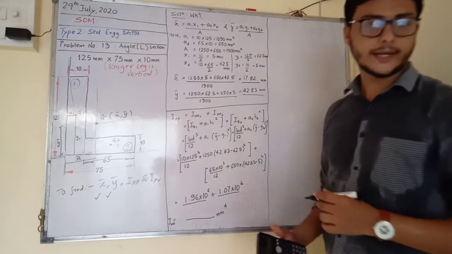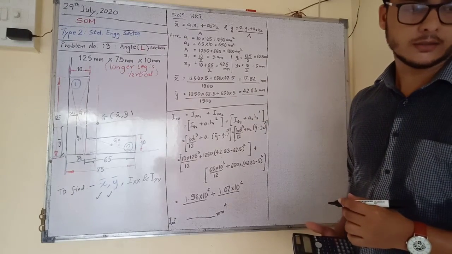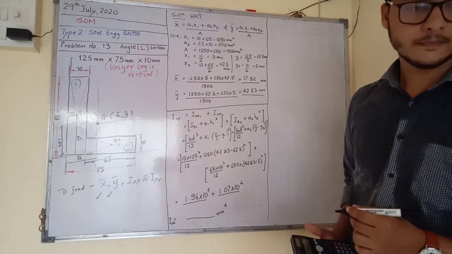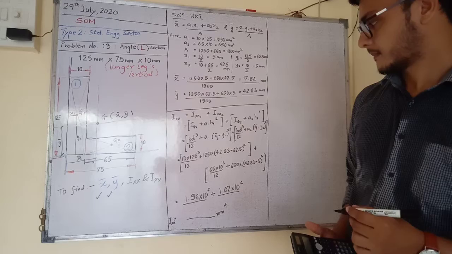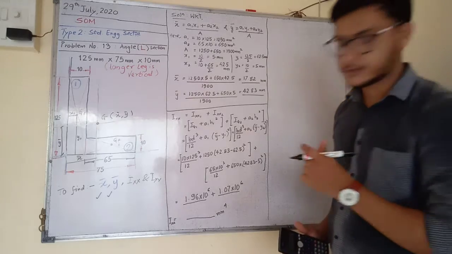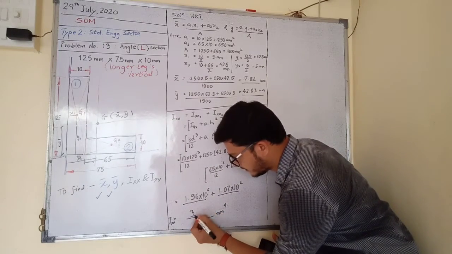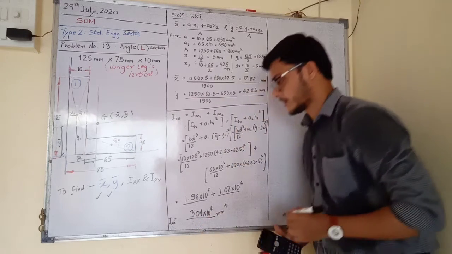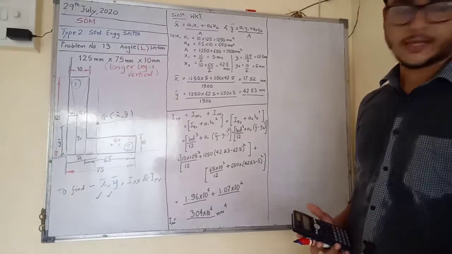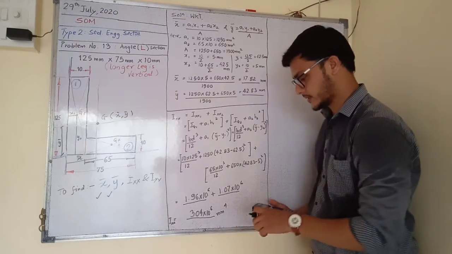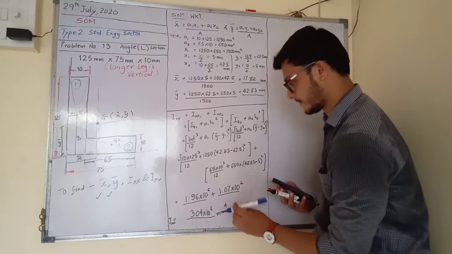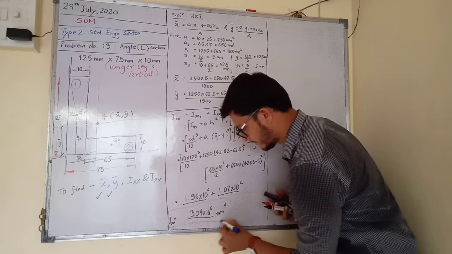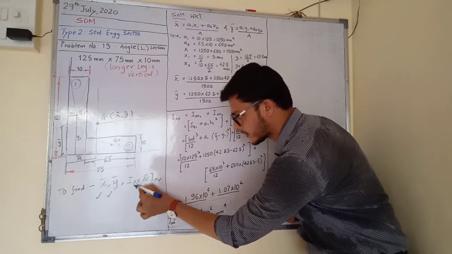On adding these two, final answer I got as 3.04 into 10 raised to 6 millimeter raised to 4. So this is the answer for Ixx of this angle section. So Ixx is also calculated.